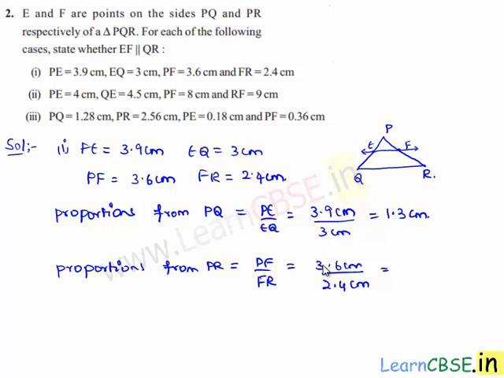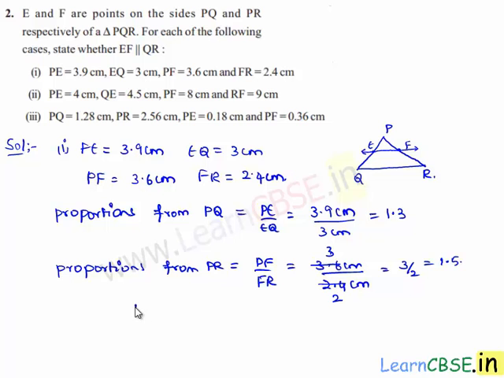Here for 3.6 and 2.4, 1.2 is a common factor, and 2.4 goes in 1.2 two times and 1.2 goes in 3.6 three times. So finally we get it as 3 by 2, which is equal to 1.5. Here centimeter is not there.